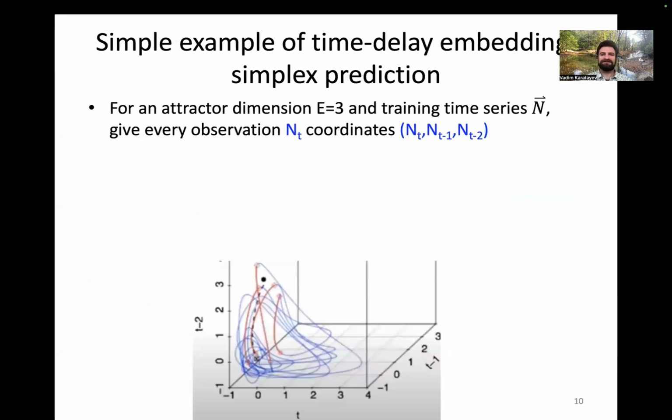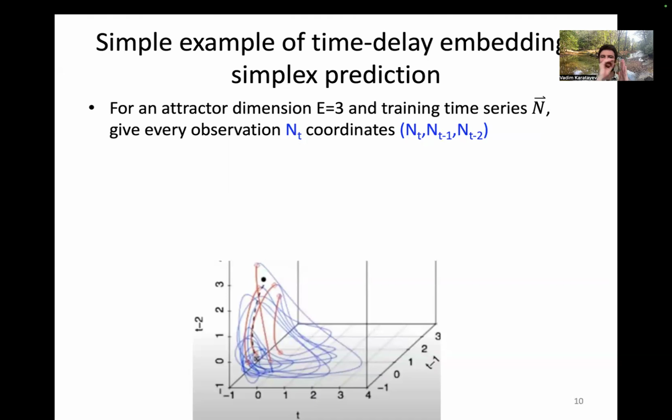And now to give you a simple example, maybe a little bit more practically, of what we're actually doing, what these models look like. So for example, if we have an attractor again with dimension 3, and we have a series of training time series n, just a set of numbers, we can give every observation in our time series a set of coordinates.